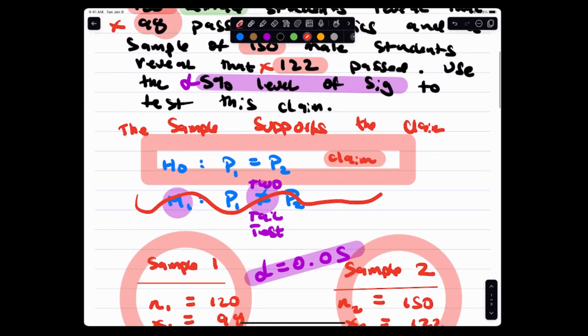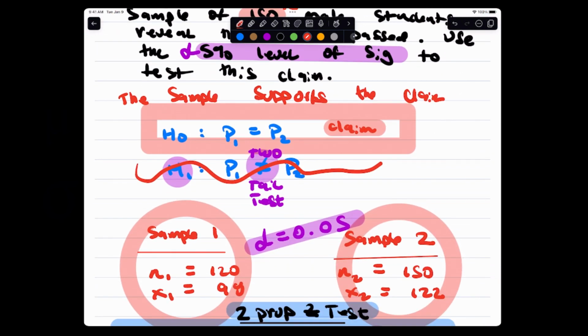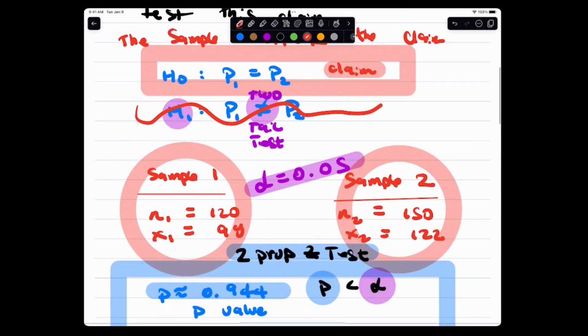So the men and women are passing at the same rate. That's what it means. Same proportion. Proportions are equal.